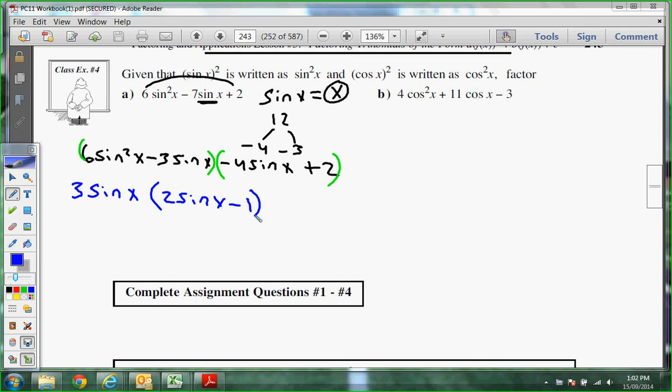So 2 sine x minus 1 there. Over here, I'm going to take out a negative 2. That gives me 2 sine x minus 1. You can see we're happy because these match, so we can push the other ones together.